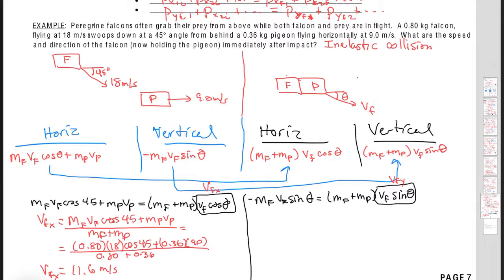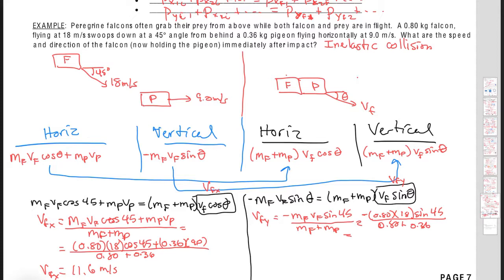Okay, and the y component, VFY, is going to be negative MF VF sine 45 over MF plus MP. And so that's going to be negative 0.80 times 18 times sine 45 over 0.80 plus 0.36.